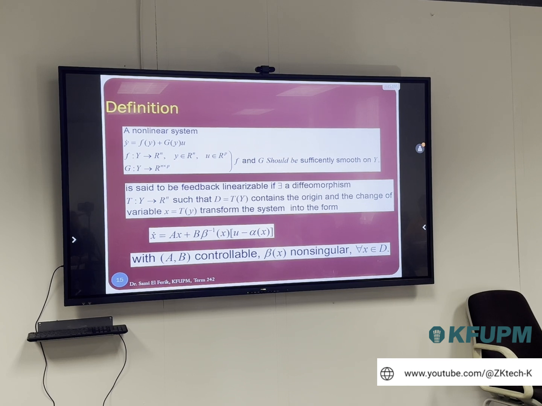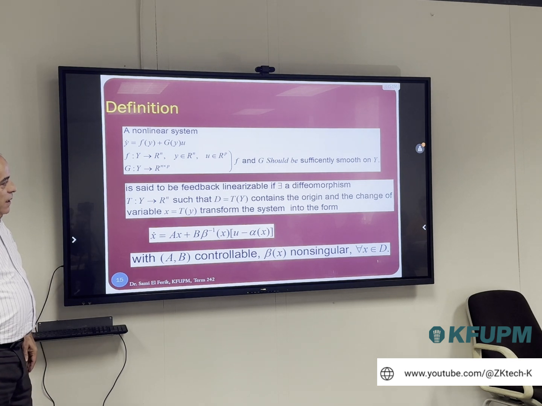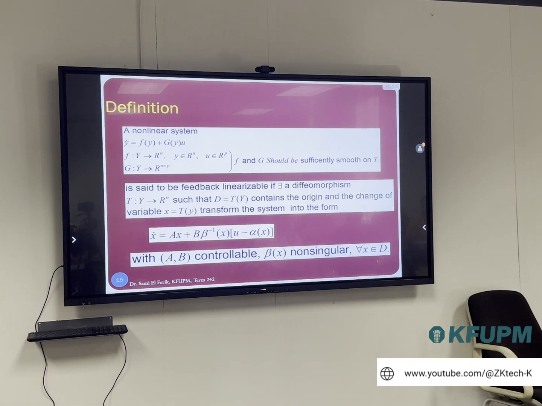Then we are saying the system is feedback linearizable if there exists a diffeomorphism. Diffeomorphism means a smooth, one-to-one mapping, so the function is bijective.